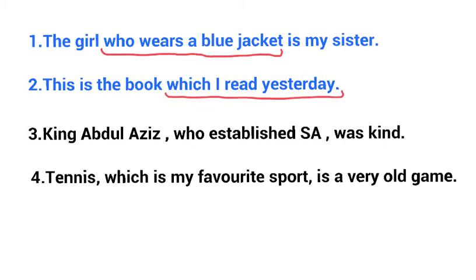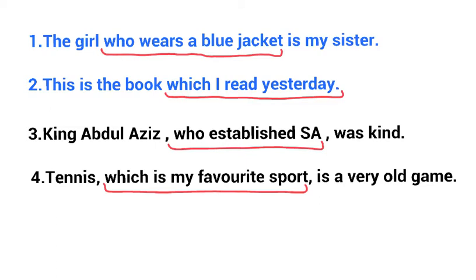So, which book? The one that I read yesterday. King Abdulaziz, who established Saudi Arabia, was kind. Now, here is the relative clause: who established Saudi Arabia. Tennis, which is my favorite sport, is a very old game. Here is the relative clause, which is my favorite sport.